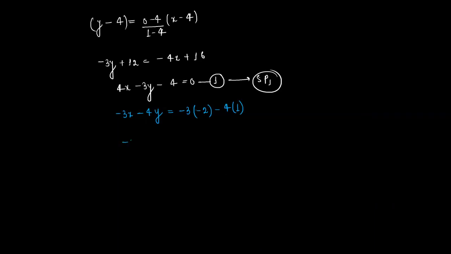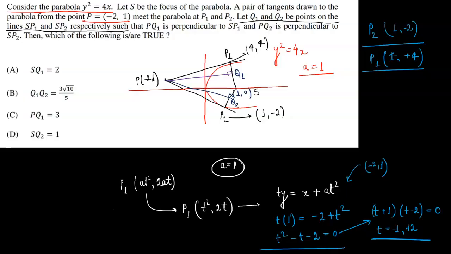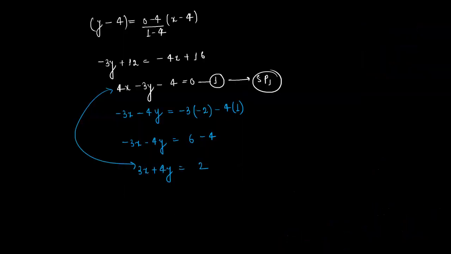So here it will be minus 3x minus 4y is equal to minus 6 minus 4, which is equal to 2. So 3x plus 4y is equal to 2. If I solve both these equations, I will have the point Q1.